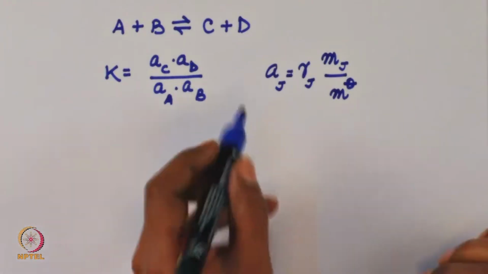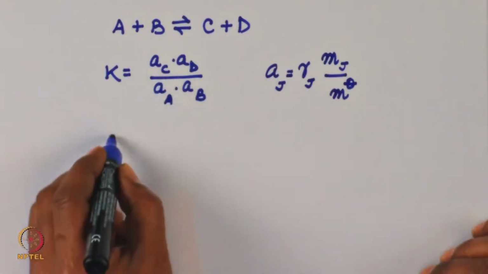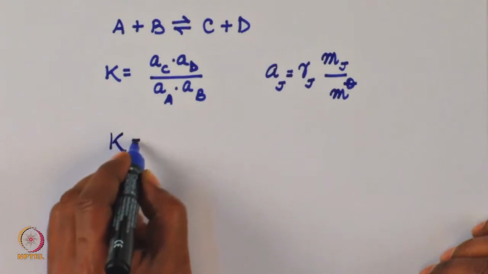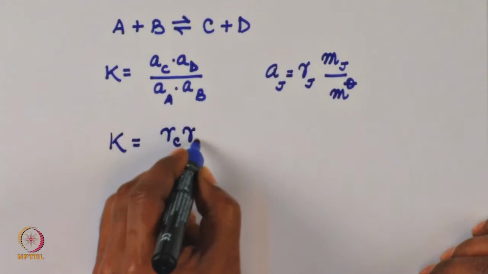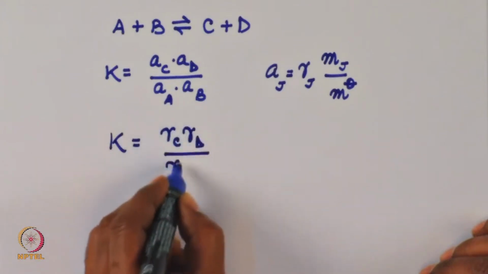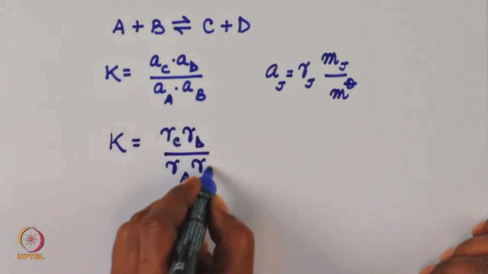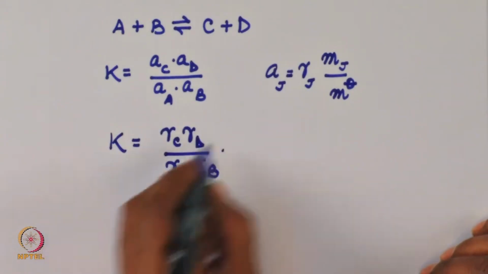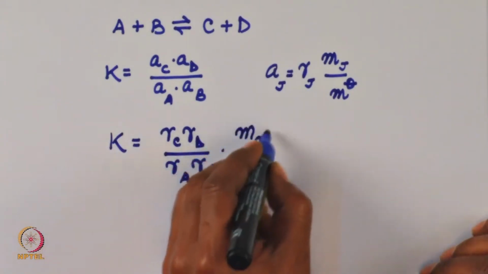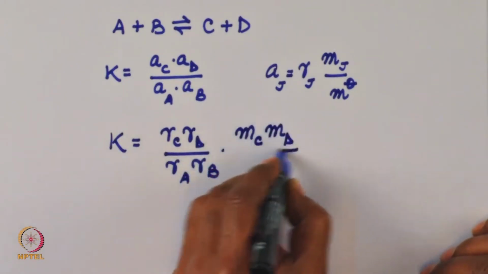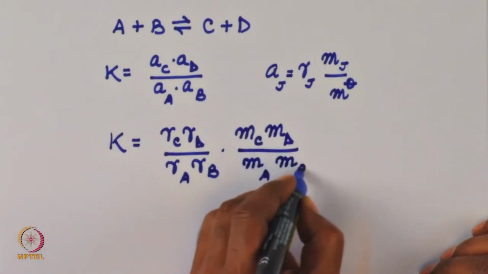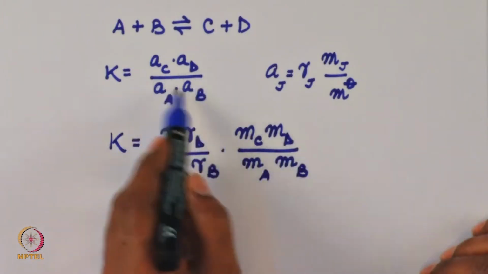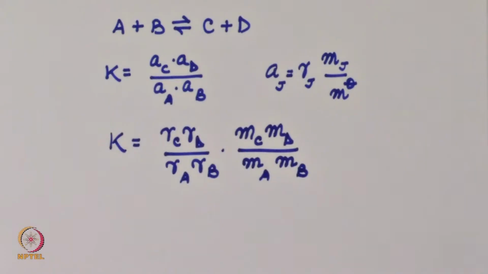Now, if I substitute these activities over here, I can write K as gamma C, gamma D over gamma A, gamma B into m C, m D over molality of A, molality of B. M naught will get cancelled because there are the same numbers of products and reactants in the numerator and denominator.